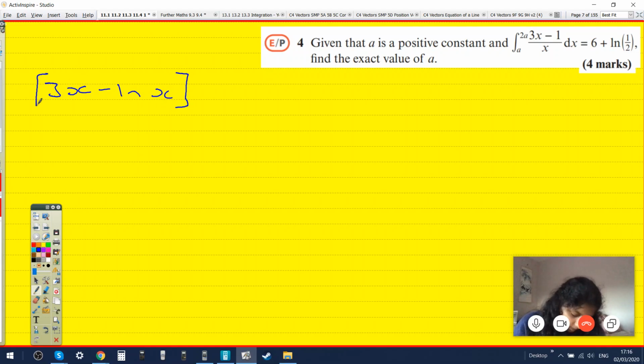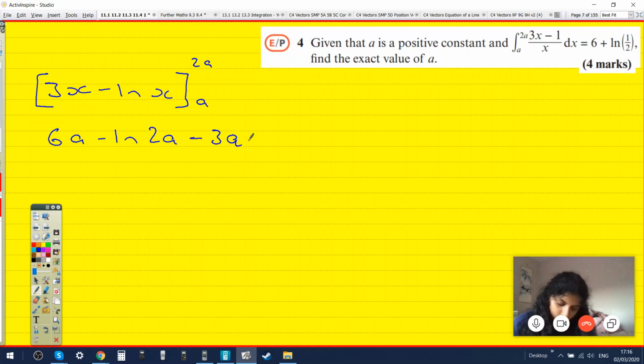Then you would get 6a minus ln 2 minus 3a minus ln a. I write it in brackets, so that's right.